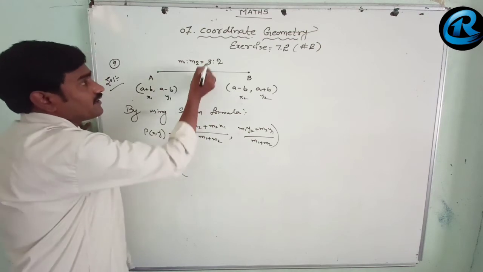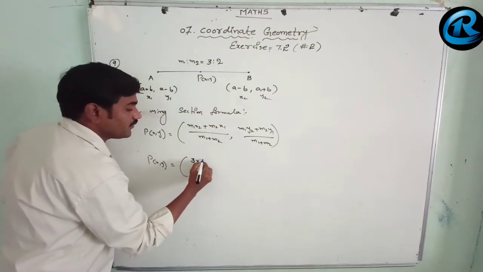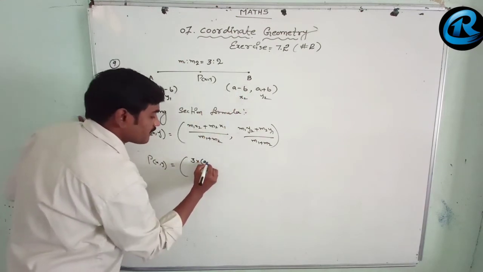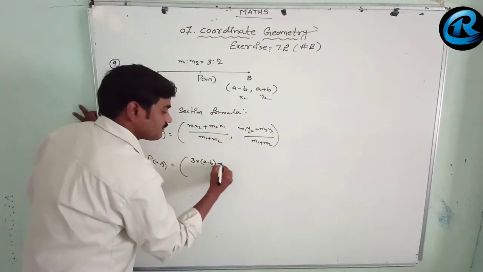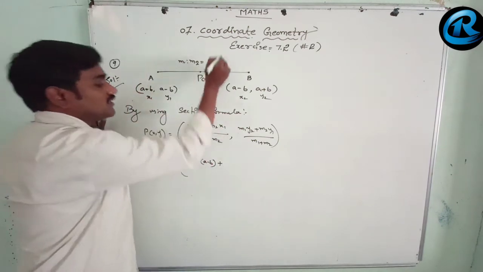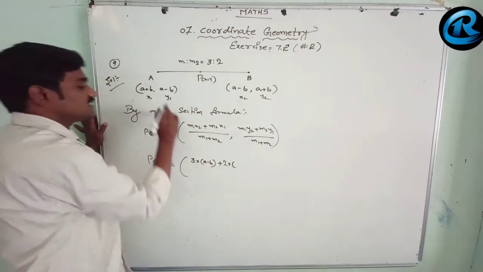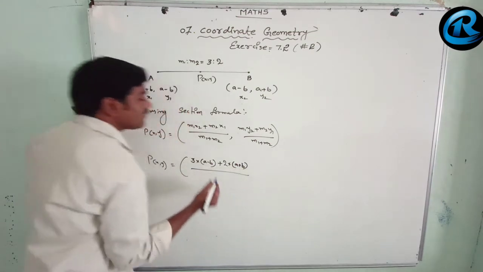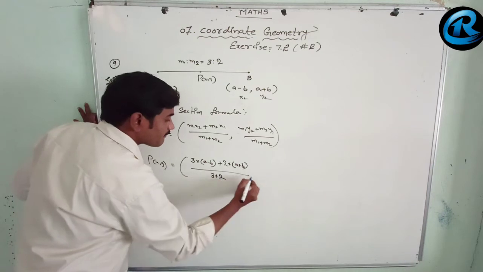m1 value is 3 into x2. x2 is a minus b. So 3 into (a minus b) plus m2, m2 is 2, into x1, that is (a plus b), by m1 plus m2, that is 3 plus 2.